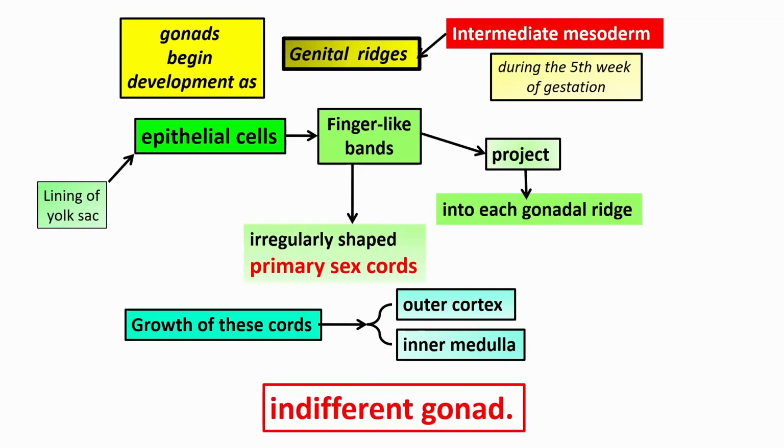It means that all the processes we have just described, they happen in the male and in the female. So the genital ridge now, at this point, is the same in the male and in the female. And it represents the place or the house that the primordial germ cells will come and live in.